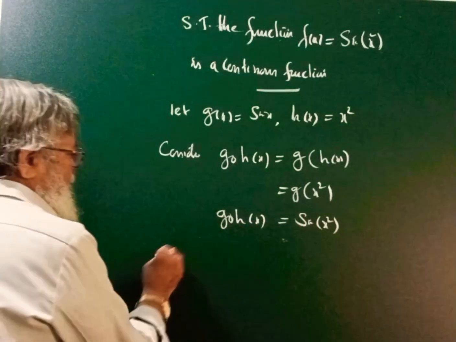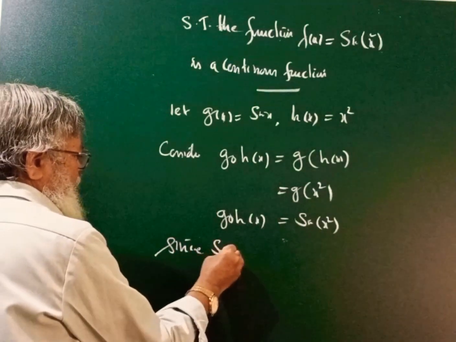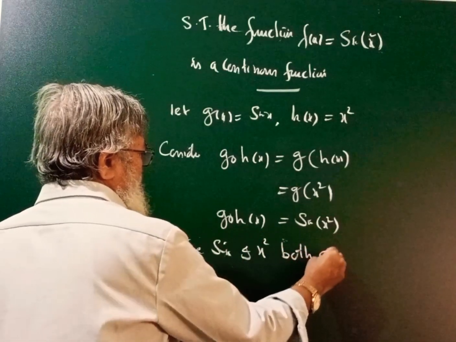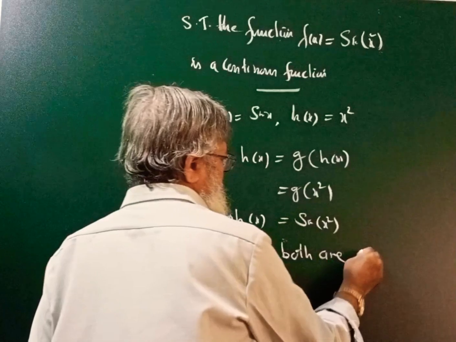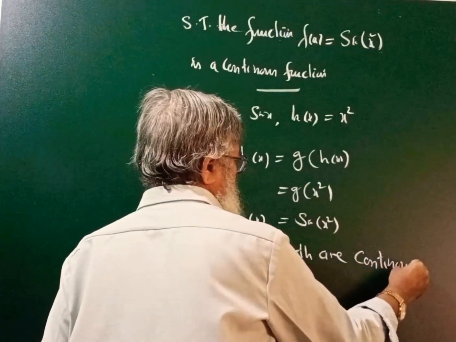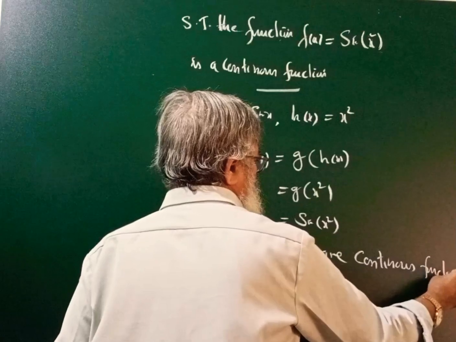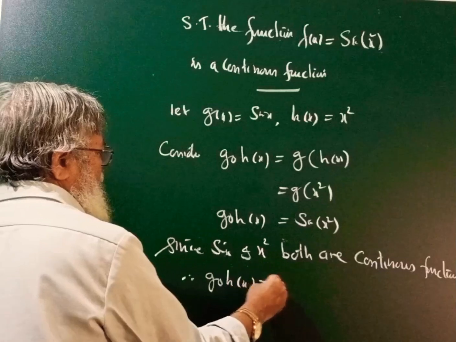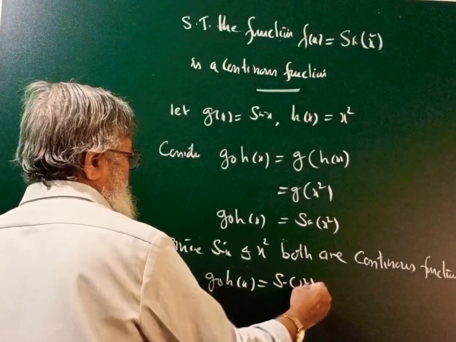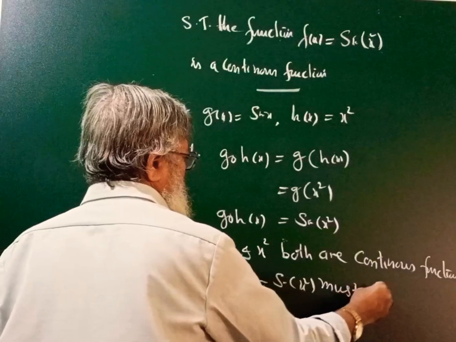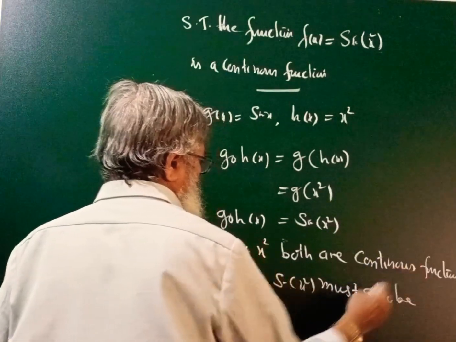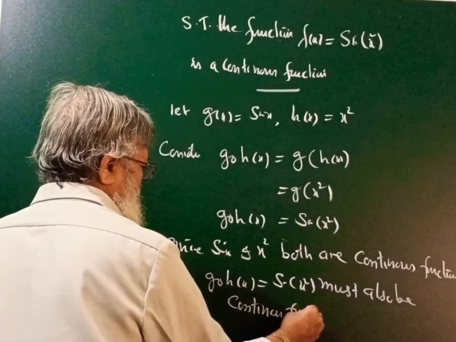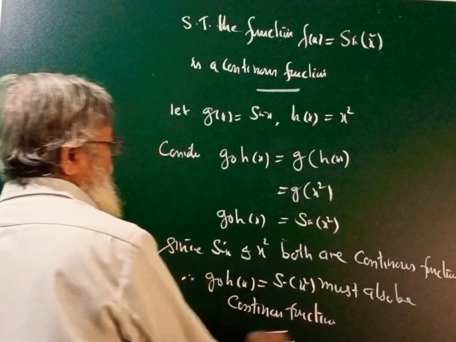So we write down, since sin x and x square both are continuous functions, therefore the composition g composition h of x, which is nothing but sine of x square, must also be a continuous function.